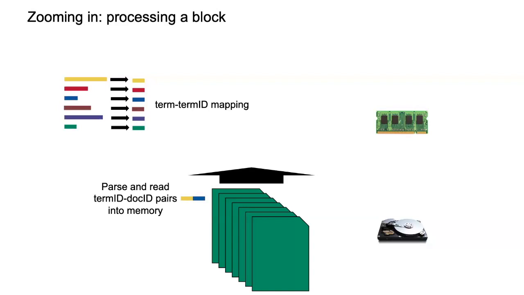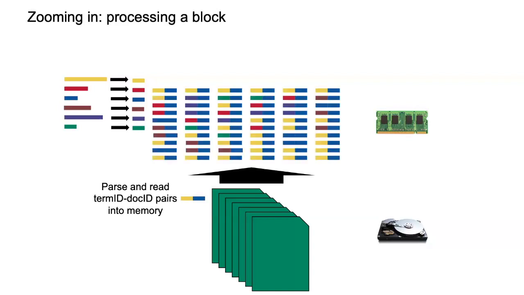Why from the beginning to the end? Because it needs to be the same mapping. You cannot change the mapping at every shard. It has to be the same mapping over the entire process. So you need a bit of space in memory to do that. And then once you've done that, you can fill your memory with term ID, document ID pairs. All that fits into your memory. And that's it. Now you have your term ID, document ID pairs.